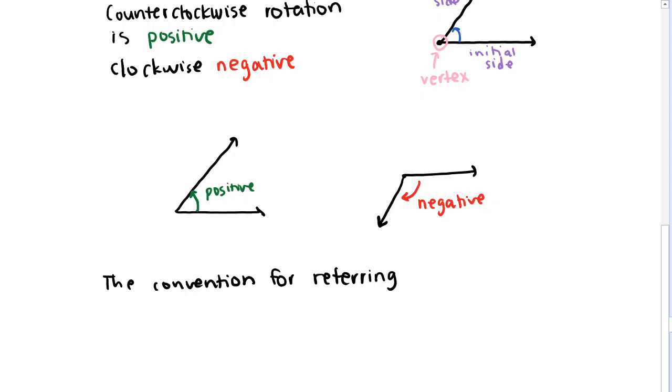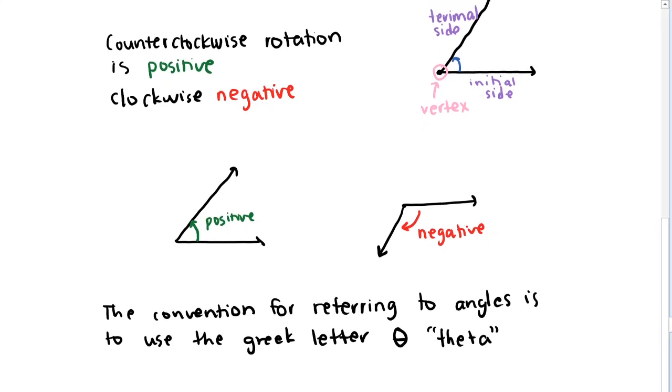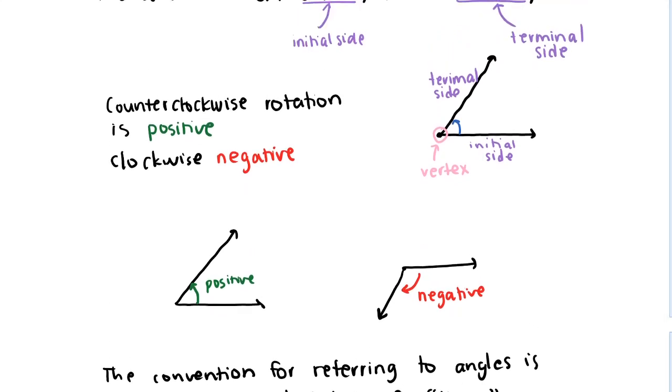Okay, so the convention for referring to angles is to use the Greek letter theta. This is how it's written. I might call this angle up here angle theta to refer to it.